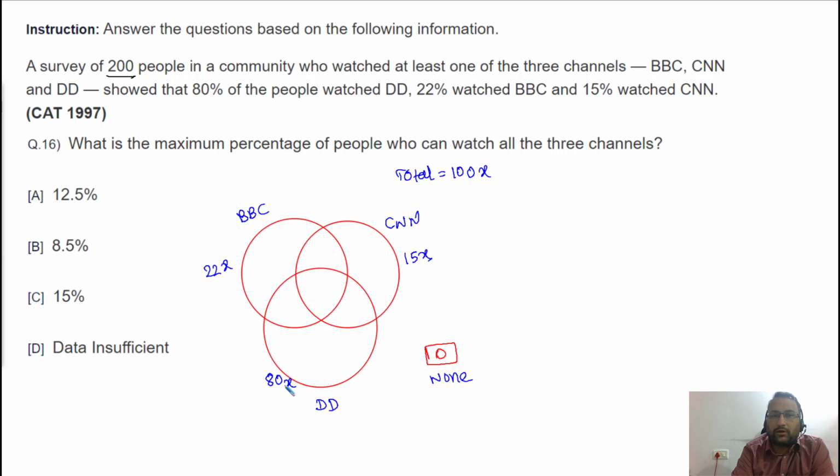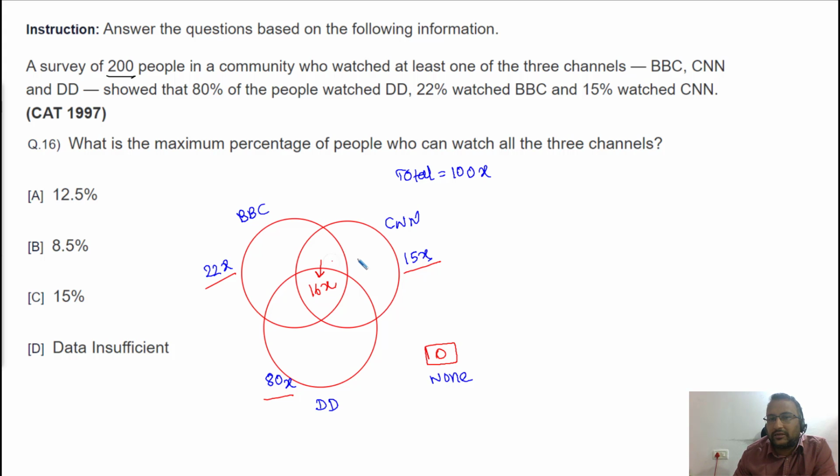So the question is, what is the maximum percentage of the people who can watch all the three channels? Over here you can see that the minimum among these three numbers is 15x. So the number in this region cannot be more than 15x. Can it be 16x?